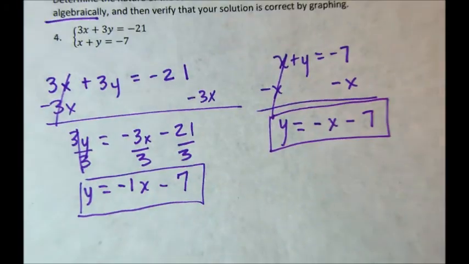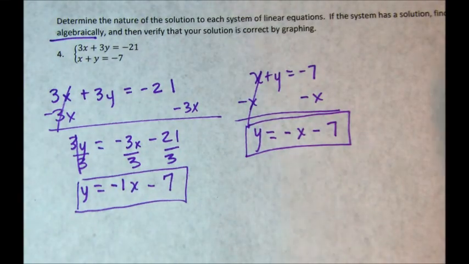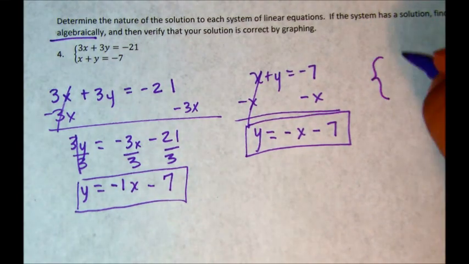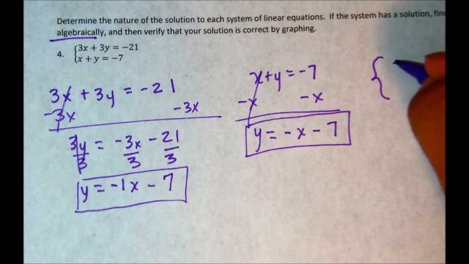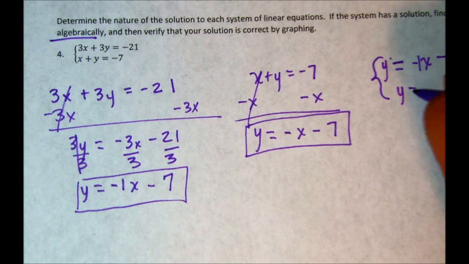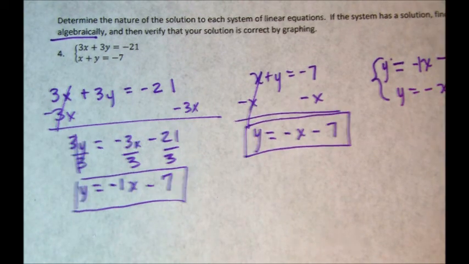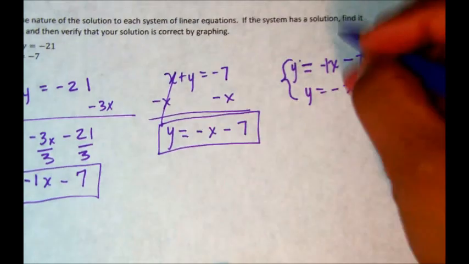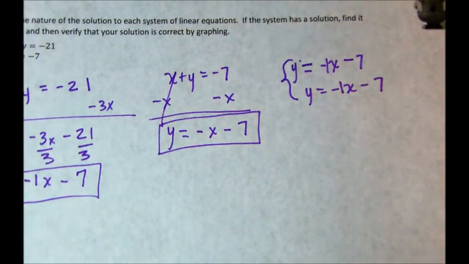So now that I have 2 equations in slope-intercept form, I'm going to stack them again as a system to compare them. I'm comparing y equals negative 1x minus 7 to y equals a negative x minus 7. I know that there is an understood 1 in that second equation.